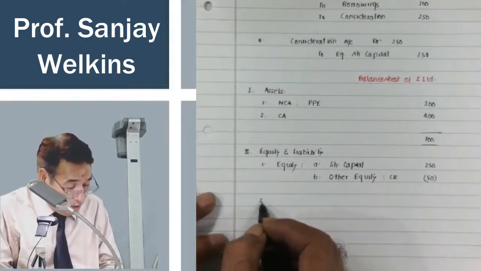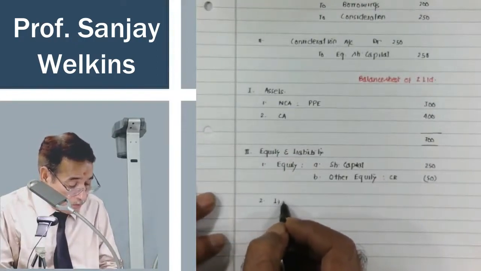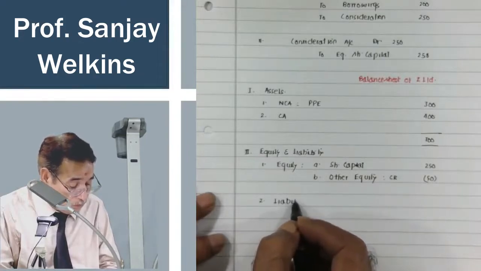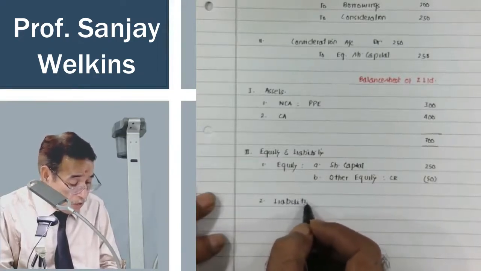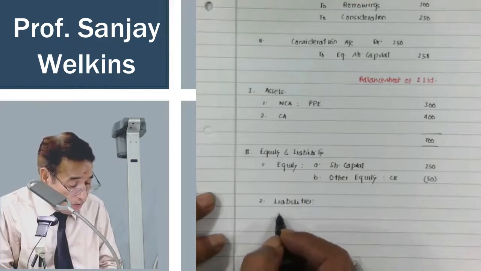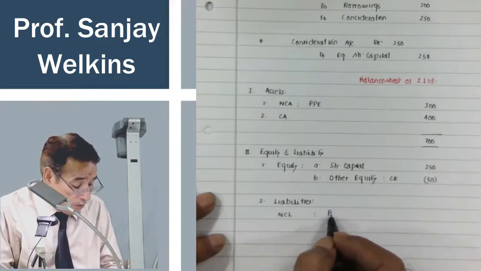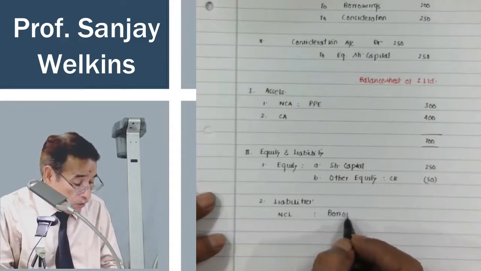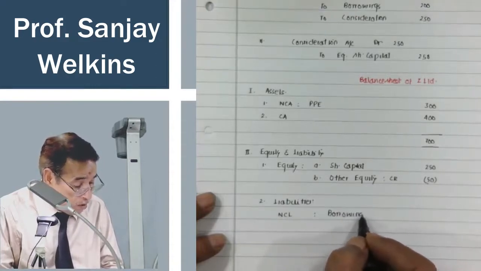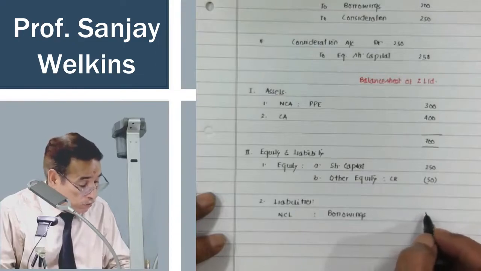Then you will write here liabilities. As far as liabilities are concerned, non-current liability. Yes, there are borrowings. You have taken over borrowings to the extent of 200.